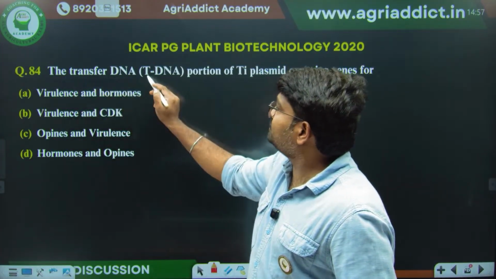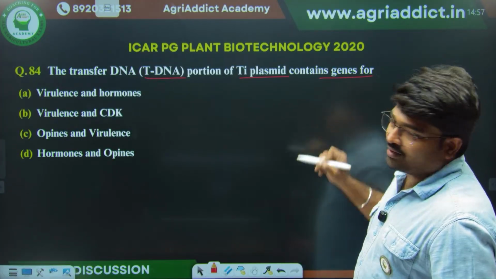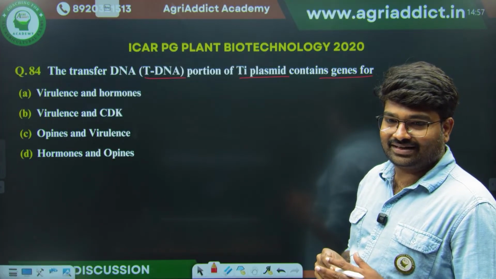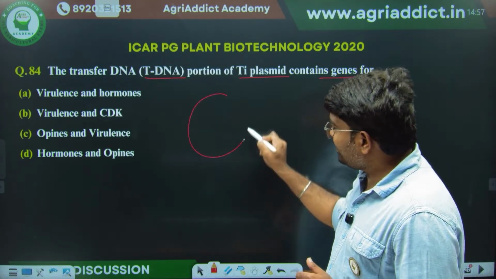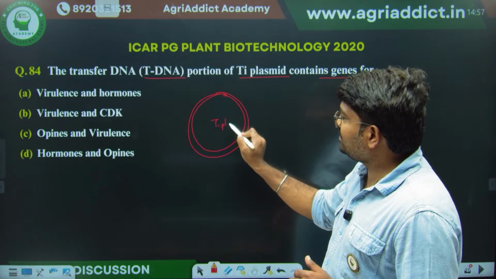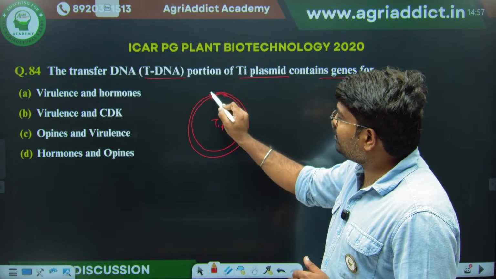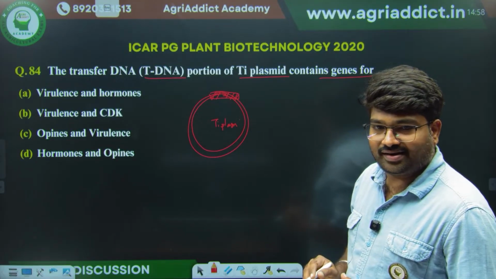The transfer DNA portion of the Ti plasmid contains genes for, yes, transfer DNA. You know, the Ti vector, the tumor inducing plasmid. In that, the particular T-DNA will be there. What genes will be coded by the T-DNA?